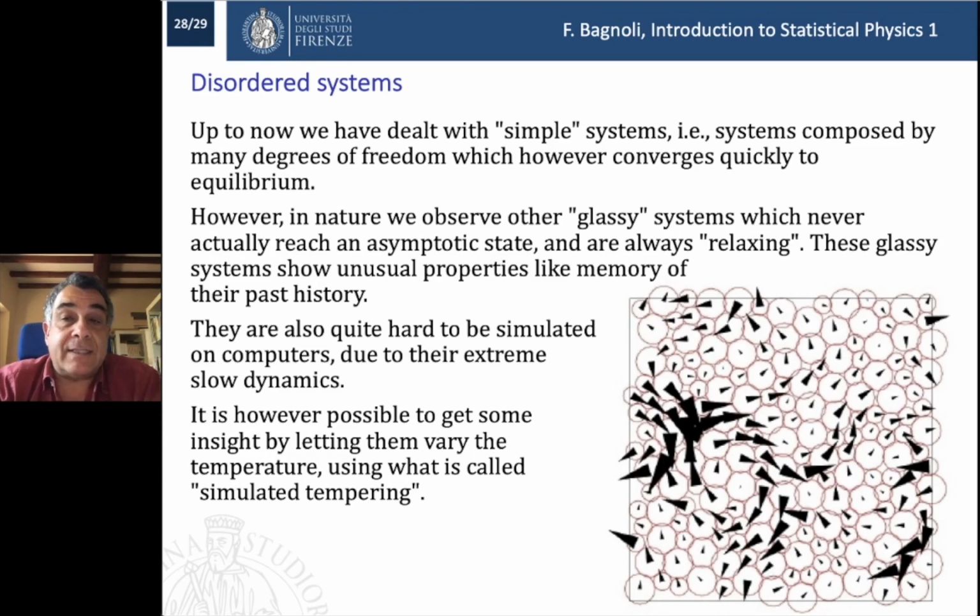And actually, this system below a certain temperature never reaches the equilibrium state. They are also quite difficult to simulate. And so here again, there is an extension of the idea of simulated annealing called simulated tempering that can be used to deal with these very complex systems.